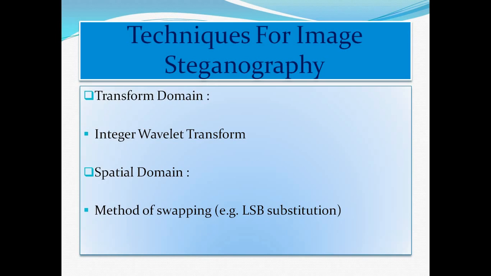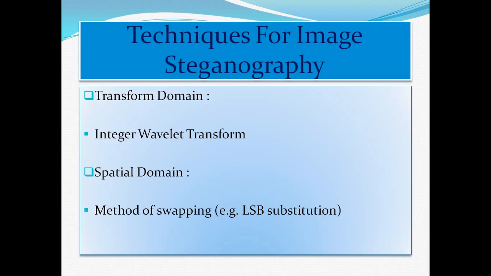Now, all the processes which are named have their own advantages and disadvantages. Firstly, we would go through the advantages and disadvantages of spatial domain and then the processes in transform domain. Now, we take the example of least significant bit substitution because we are going to use this in the later part of it.